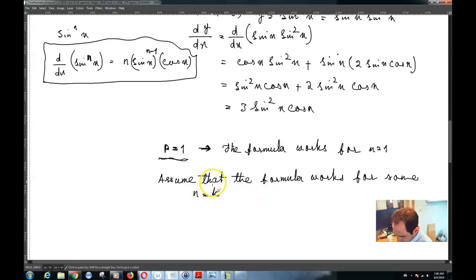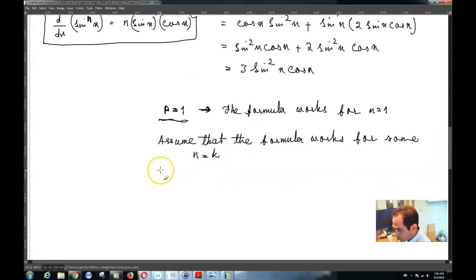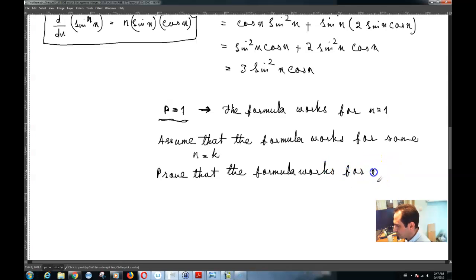For some n is equal to k, we assume that it works. And then we prove that the formula works for n is equal to k plus 1.